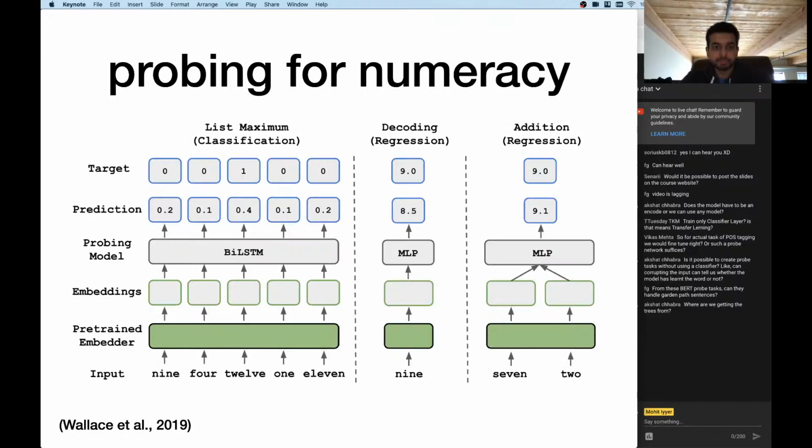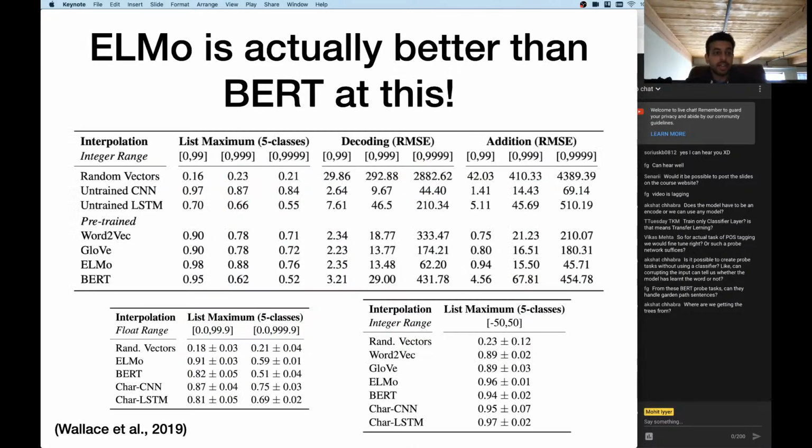All right. So back to our numeracy probing. It turns out that ELMo is actually better than BERT at understanding numbers. We see on this list maximum task, if all the numbers are between 0 and 99, ELMo is 98% accurate at classifying which of the 5 numbers is the biggest.